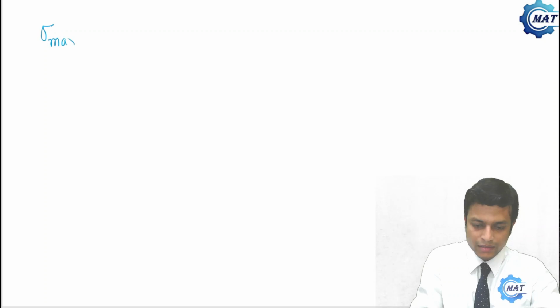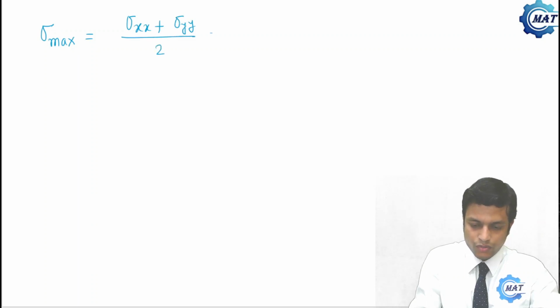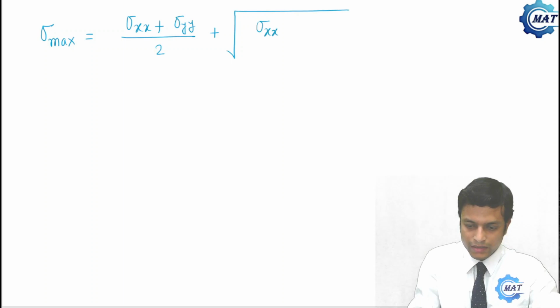Sigma max is sigma xx plus sigma yy by 2 plus root over sigma xx minus sigma yy by 2 whole square plus tau xy whole square.